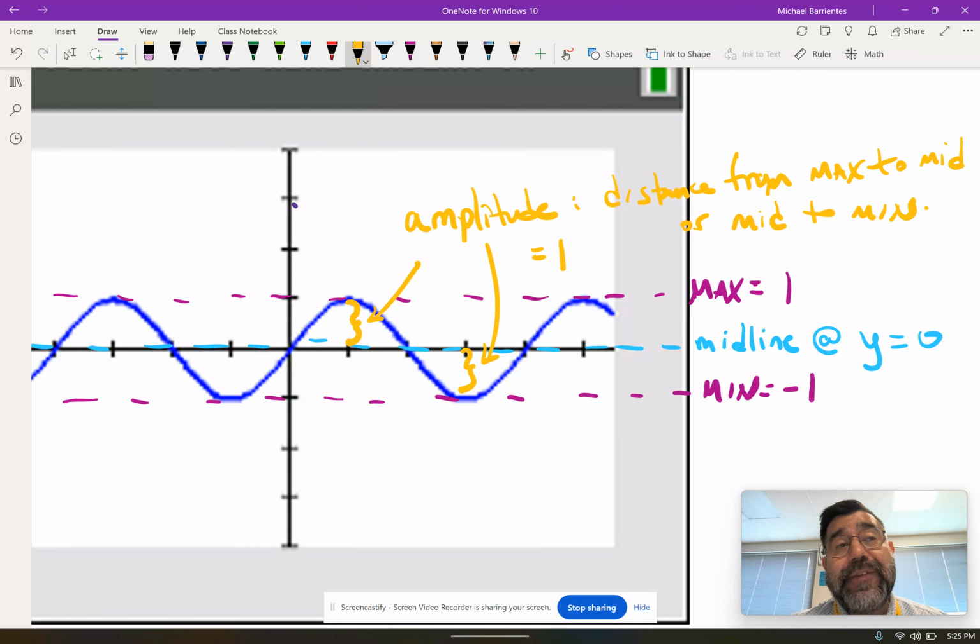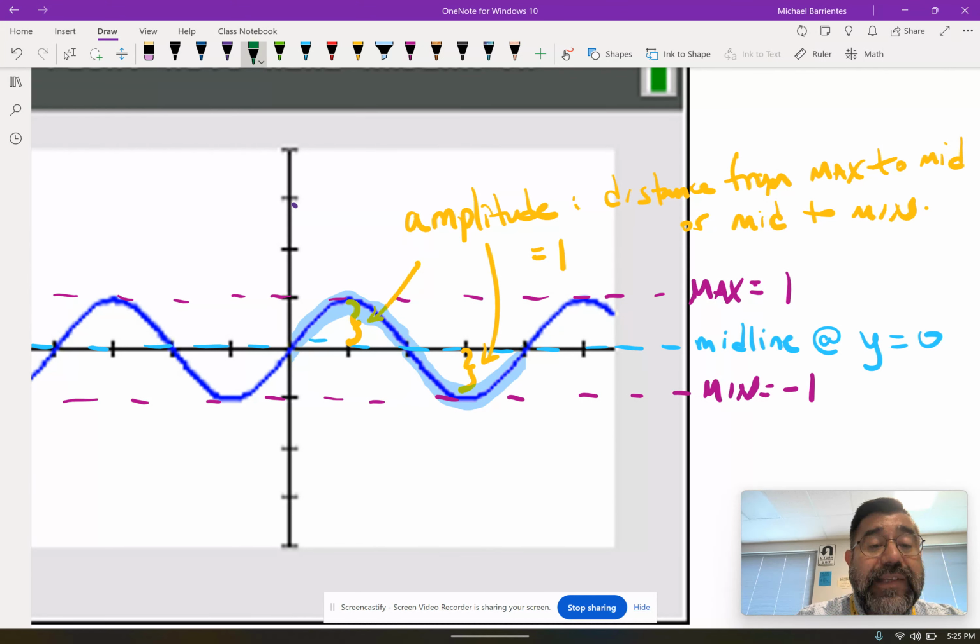The other thing they have is something called a period. And the period is the distance or the length it takes for one of the cycles to complete. Now remember, we said the nice thing about sine and cosine is that they have a pattern that repeats over and over again. They're very predictable. Well, here's the pattern. There's a hill, there's a valley, and then the pattern starts again. There's a hill, there's a valley, and then the pattern starts again.